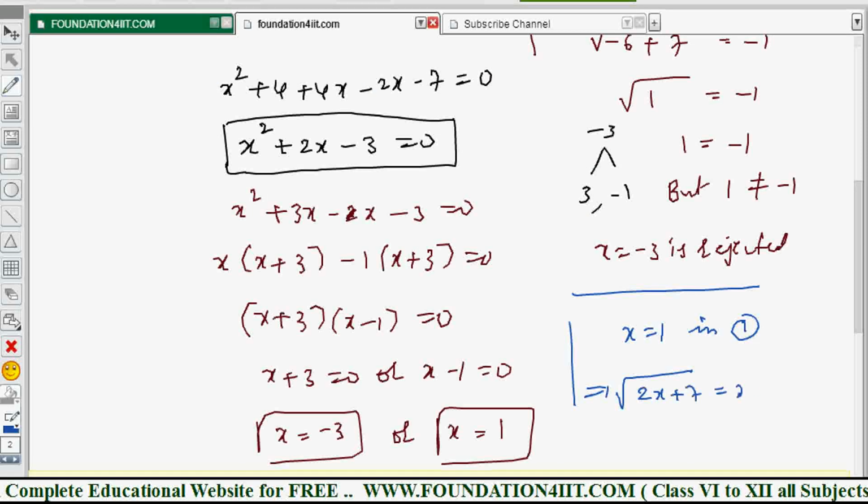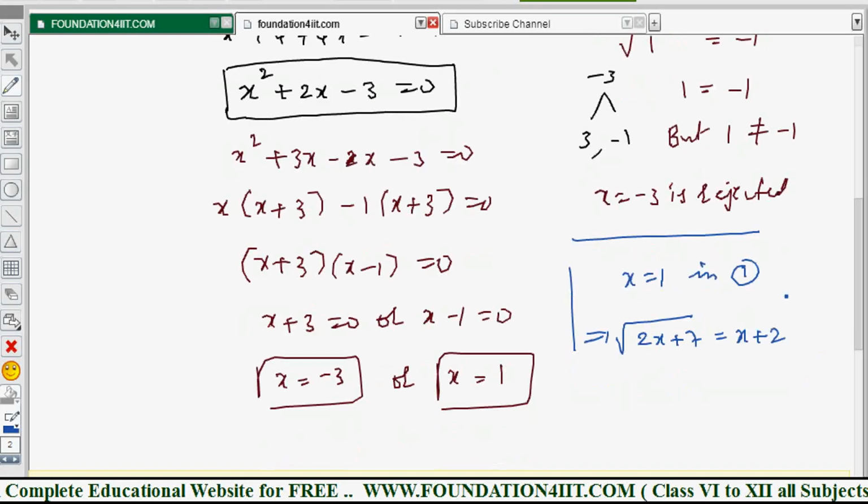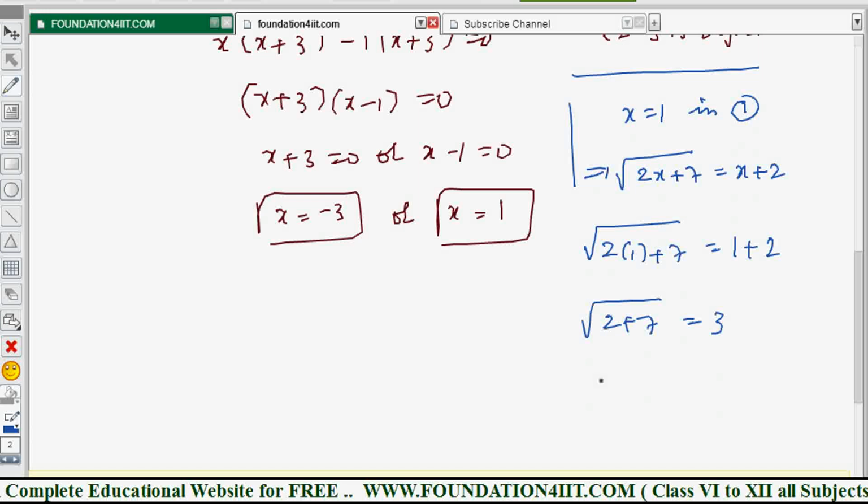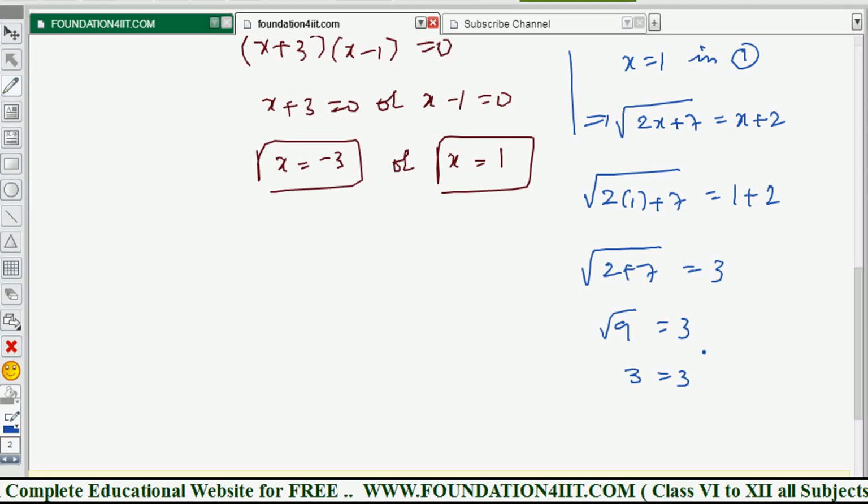Substituting x equal to 1, square root of 2 into 1 plus 7 is equal to 1 plus 2. Square root of 2 plus 7 is root 9, which is 3. So 3 is equal to 3. LHS is equal to RHS. So x is equal to 1 satisfies equation 1.